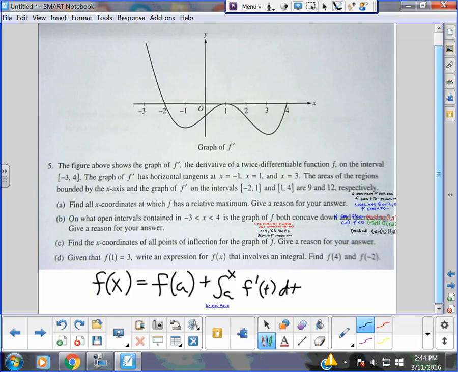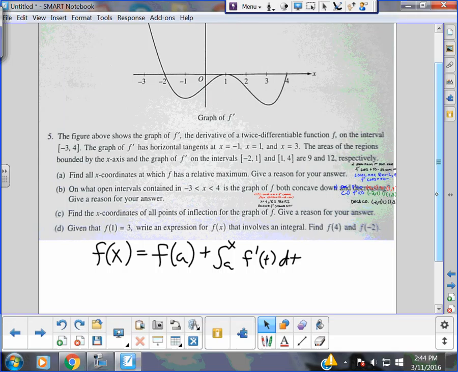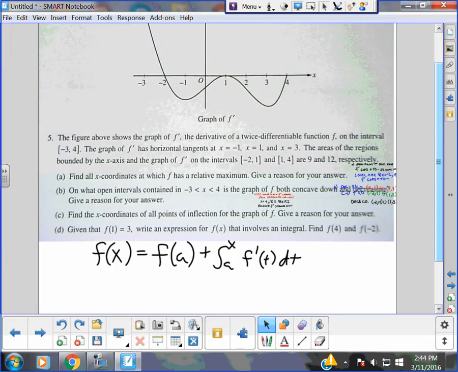Anytime we know the derivative, we can find the function as long as we have an initial condition. And they gave us f of 1 equals 3.